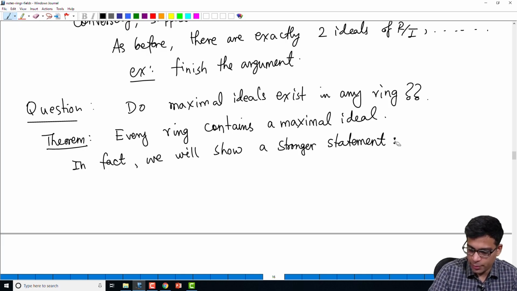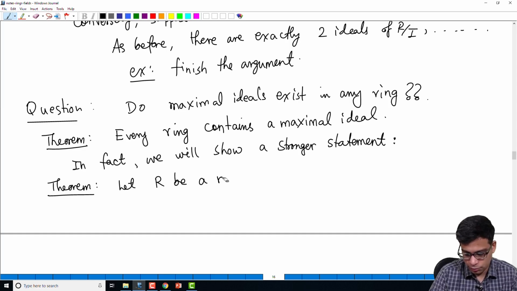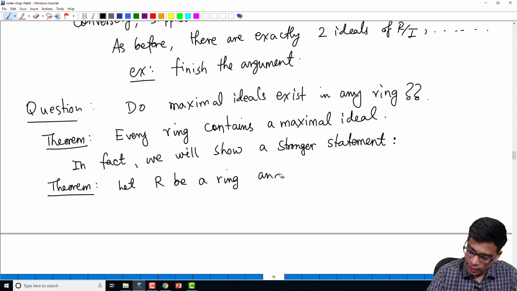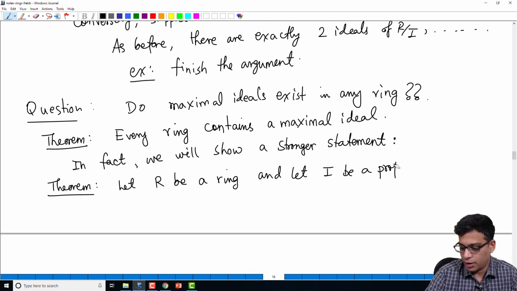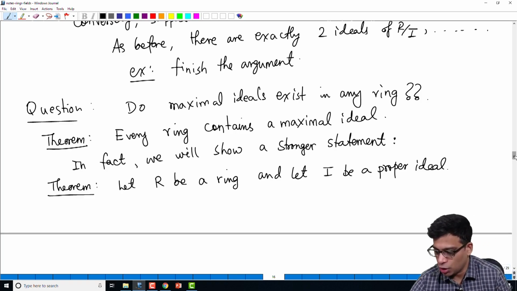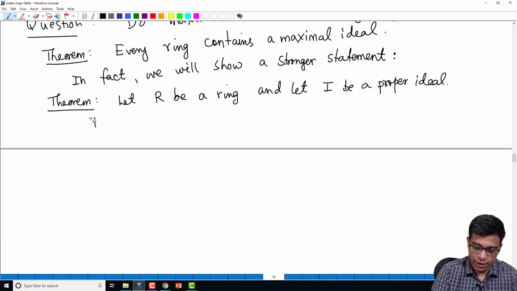What is a stronger statement? Theorem: let R be any ring and let I be a proper ideal. Proper ideal, remember, means it is not equal to R. It can be 0, but it's not equal to R. So let I be a proper ideal.